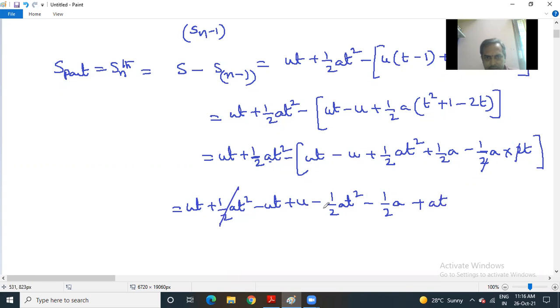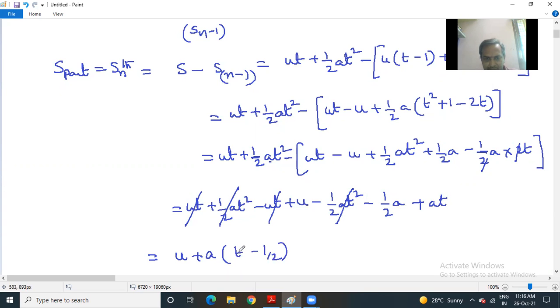So you can cancel this and this. You can cancel ut and minus ut. So now you are left with u. You take out common a here, plus a, so you will get a times t minus half.